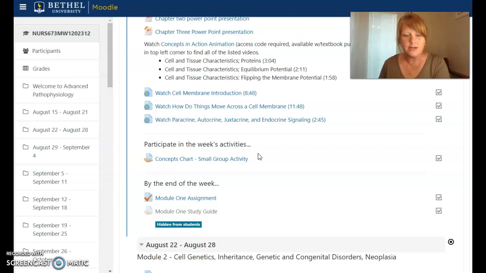So make sure you get those in. And also, when you do a group activity, even though it's a group activity, each person needs to individually submit their own assignment or the group's assignment into the Moodle Dropbox so that it can be graded and you can receive credit for that. So just so you're aware of that.